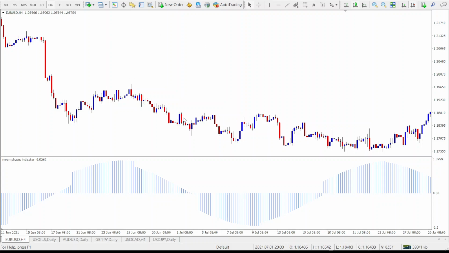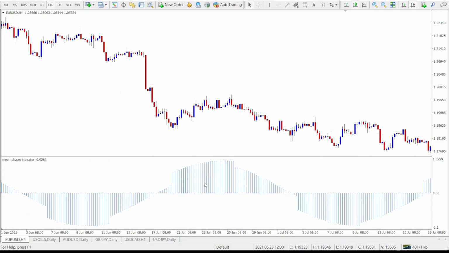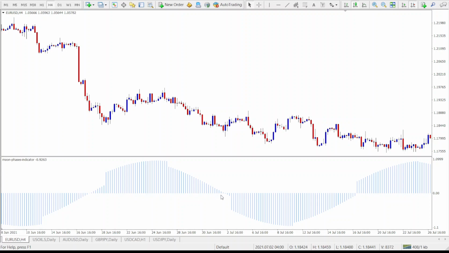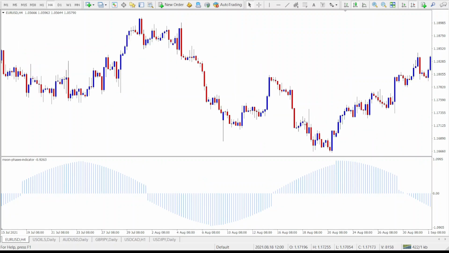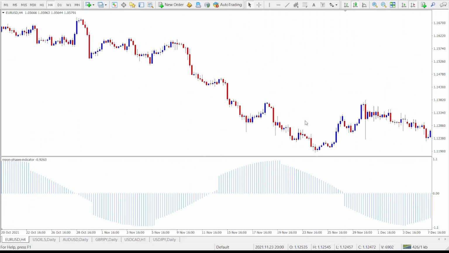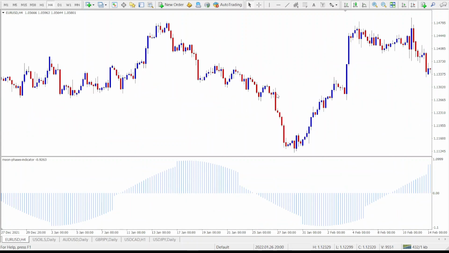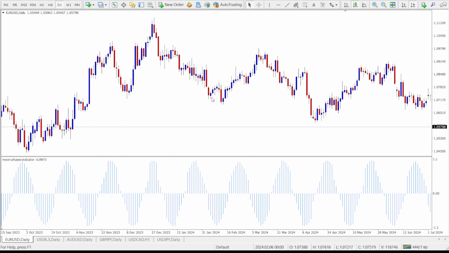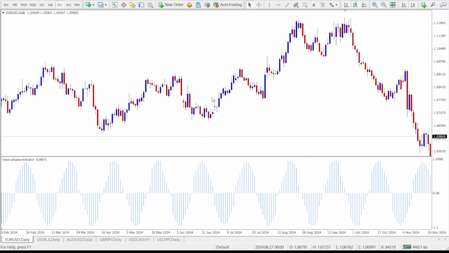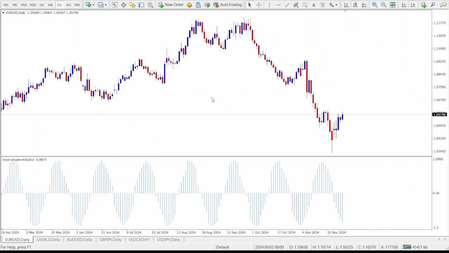But when making use of this technical indicator, basically the indicator moves in its own pattern right there on the chart, right? So we are going to be looking at how to identify precise entry and exit points using this indicator, the moon phases indicator.